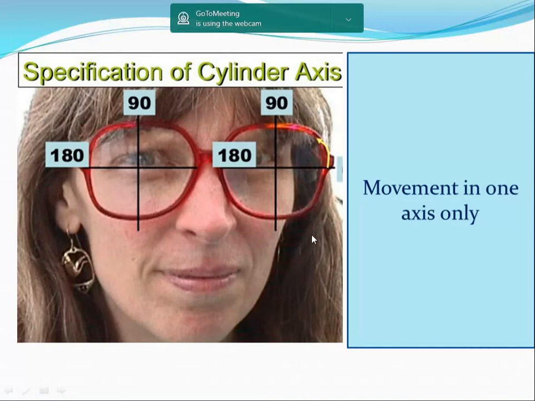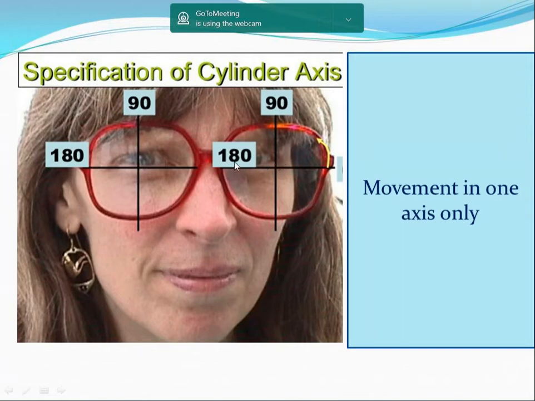So basically, in a cylinder, the movement will be in any one axis, either 90 or 180. If you are holding a 90-degree cylinder, it will act only in the 180. That means when you move the lens in the 90 degrees, there won't be any movement of the image of the object which you are looking through.